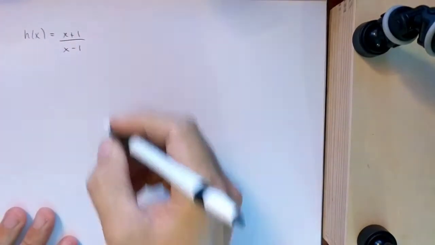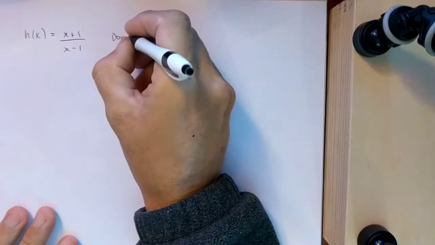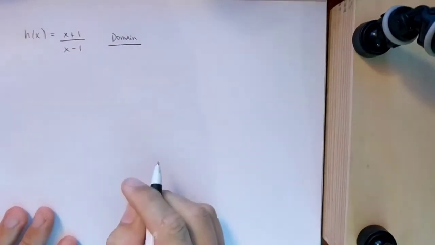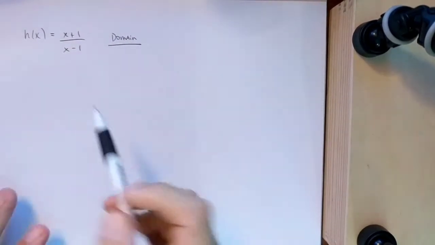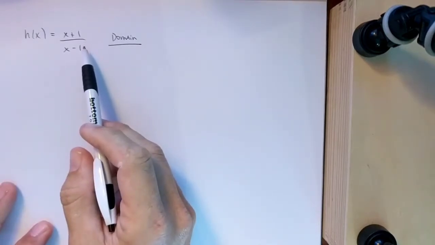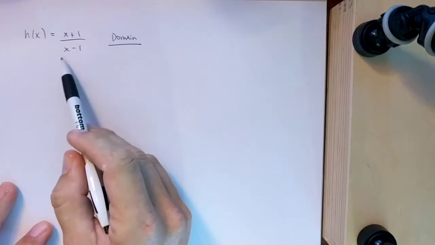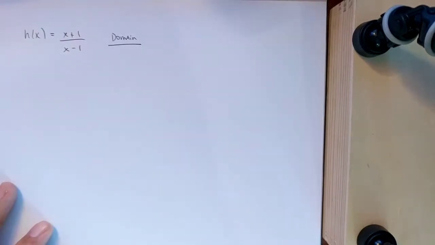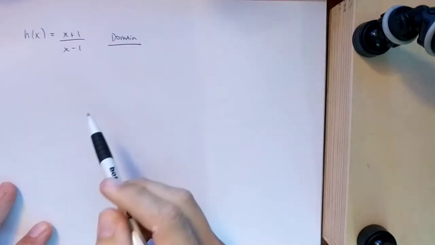Let's say that we wanted to find the domain of this function, and the way to find the domain is to take a look at the function, see what kind of function it is, and then try to see if there are numbers that you can't put in for x that make the function not have a well-defined y value.